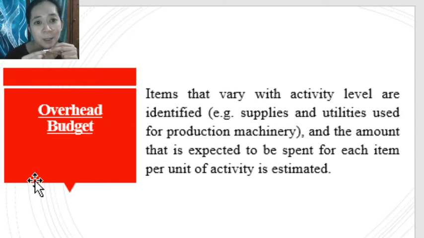The items that vary with activity, like supplies, utilities used for production, or machinery, and the amount that is expected to be spent for each item per unit of activity is estimated.